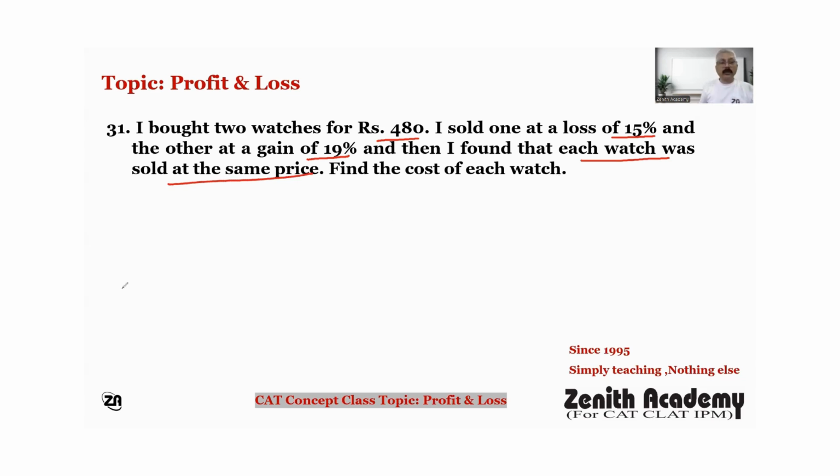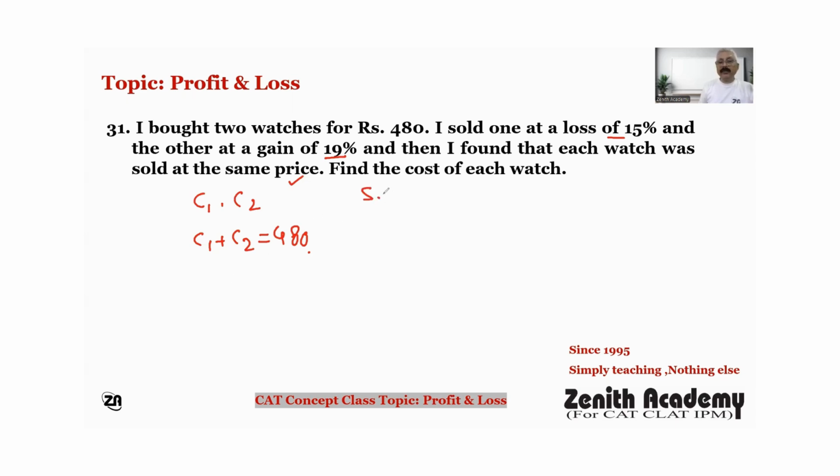Like the one is cost C1, other is C2. So C1 plus C2 is given 480, and sold one at a loss of 15%, other at a gain of 19%, and both sold at the same price, means selling price is same.